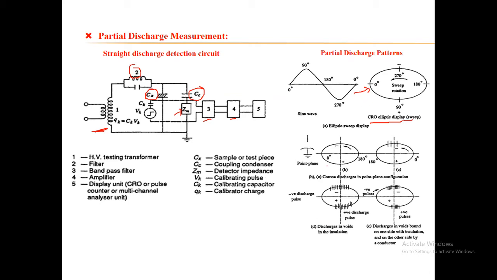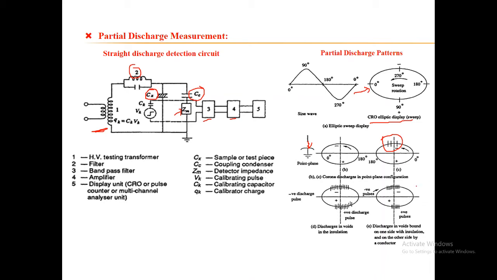Let me consider figure A, where the geometry is point to plate electrode, and the spark is occurring between these two points. When the applied voltage becomes greater than the critical inception voltage, multiple pulses are created, as you can see over here.